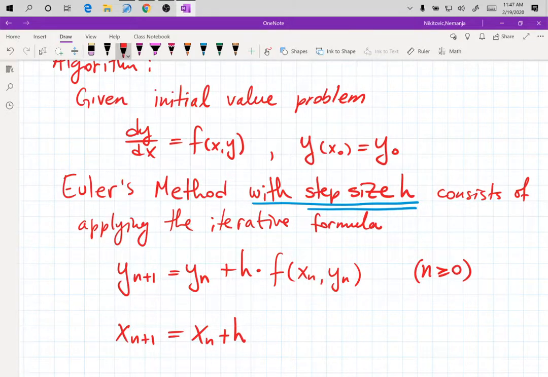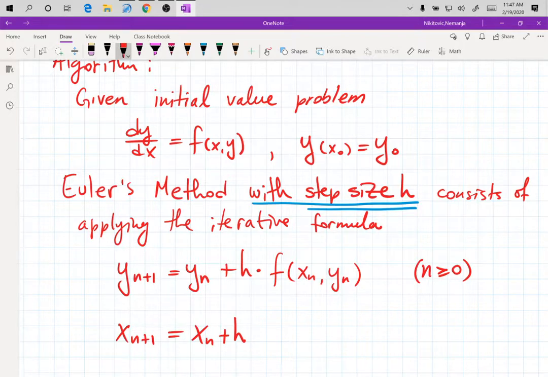And if you want to be very precise, you keep that h small. So 0.1, 0.01, 0.000001, right?